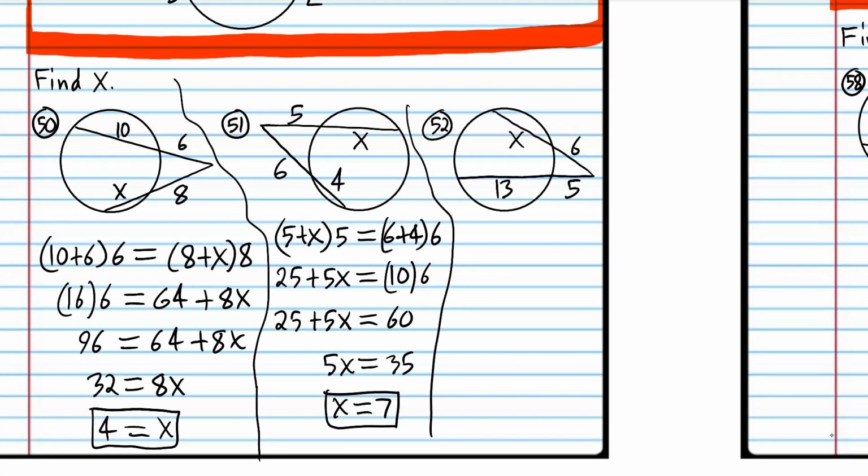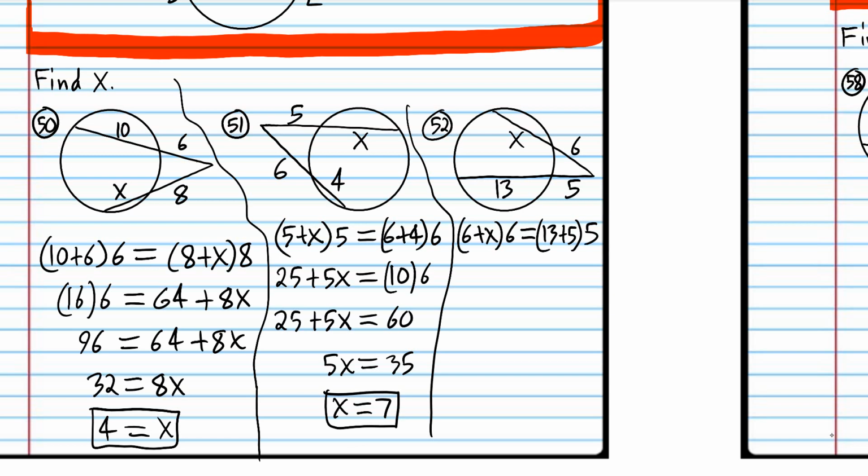So the sum, or the total length of the top secant times the external length is equal to the total length of the bottom secant, 13 plus 5, times the external length.